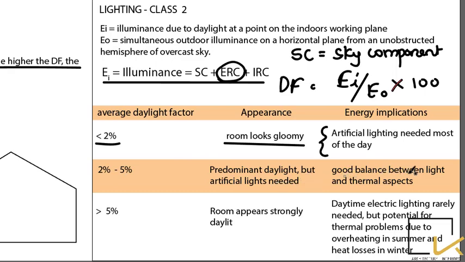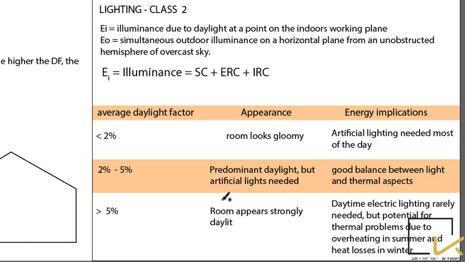It implies a good balance between light and thermal aspects. If it is more than 5%, the room appears strongly daylit and daytime electrical lighting is rarely needed, but there is potential for thermal problems due to overheating in summer and heat losses in winter. So if it is greater than 5%, consider your room very hot. You probably don't need artificial lighting, but your room is hot.